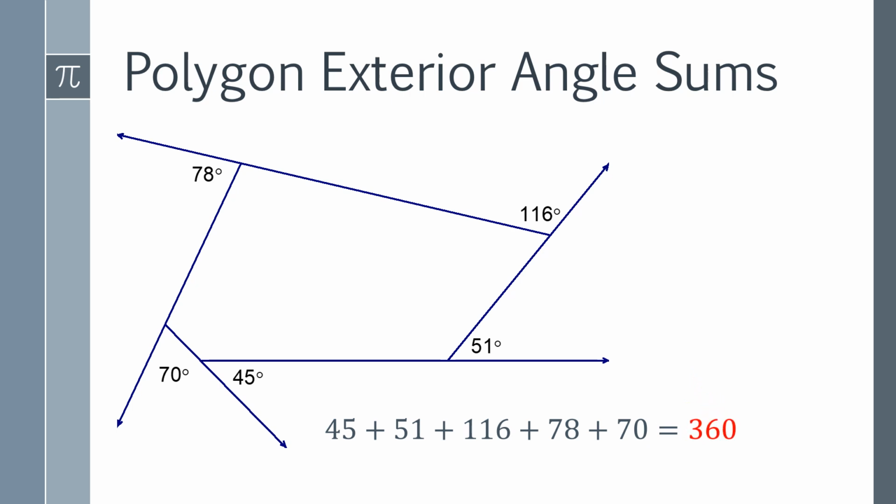Now, we can go through the same process again, and there's no problem doing that, but that's kind of a waste of time at this point. But trust me here when I say those interior angles are going to add up to 540. But here's the interesting thing. The exterior angles all add up to 360 degrees for this pentagon. So what do you think is true for polygons?